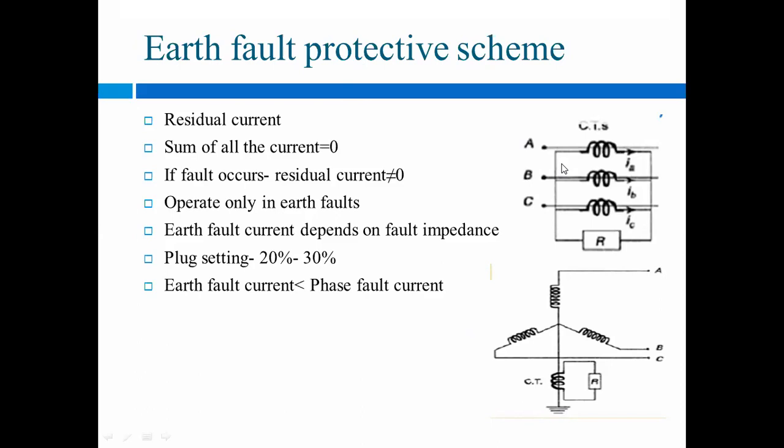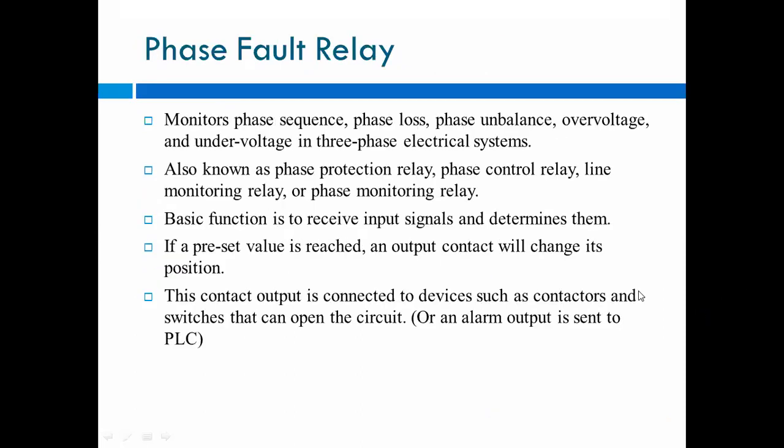The relays used for protection at that time are the earth fault relays. For example, if you consider a star connection, the neutral wire is connected to the ground, and there your relay will be connected. In this way you can use the earth fault protective scheme or earth fault relay.